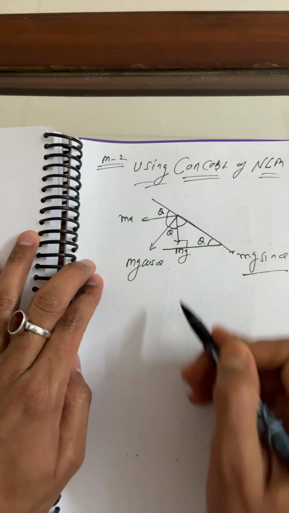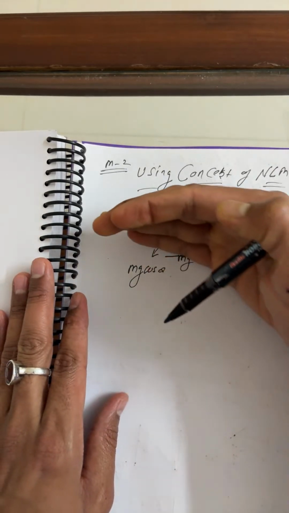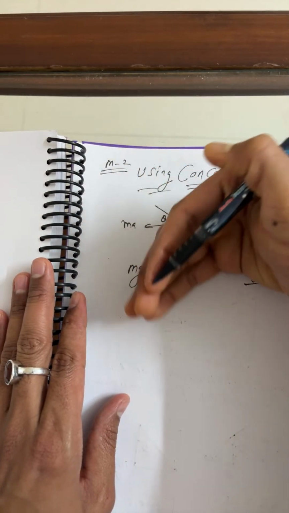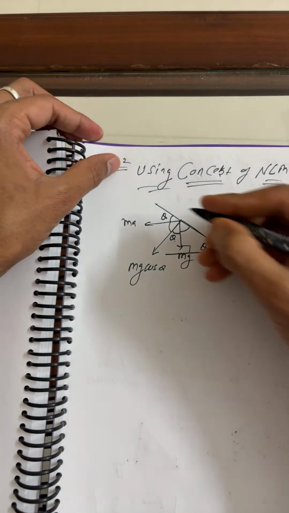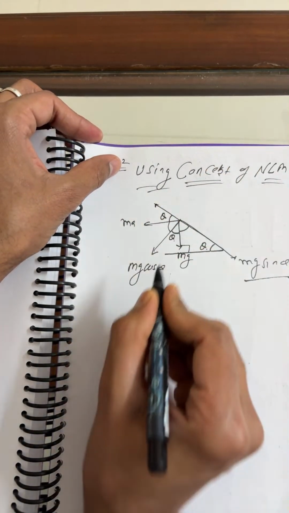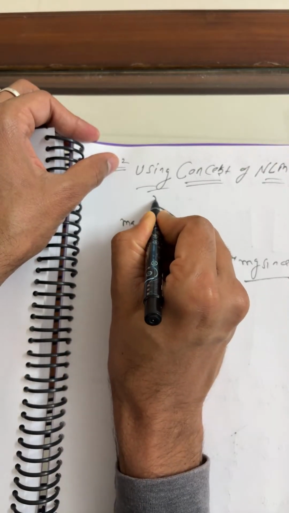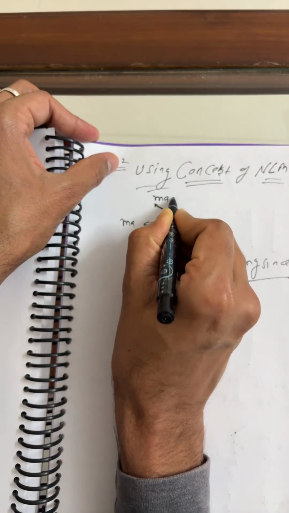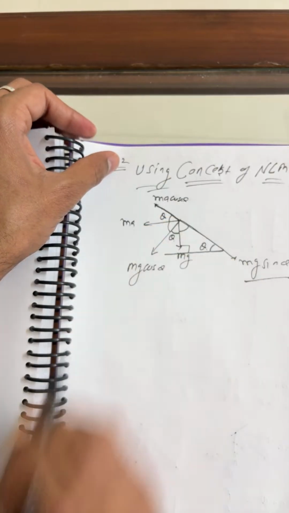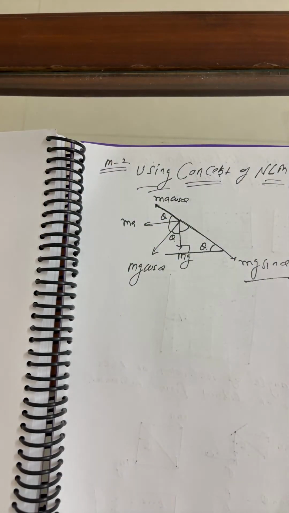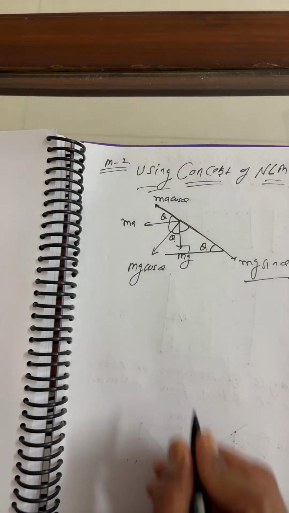Just take components of ma. This is ma cos theta, and ma sin theta.